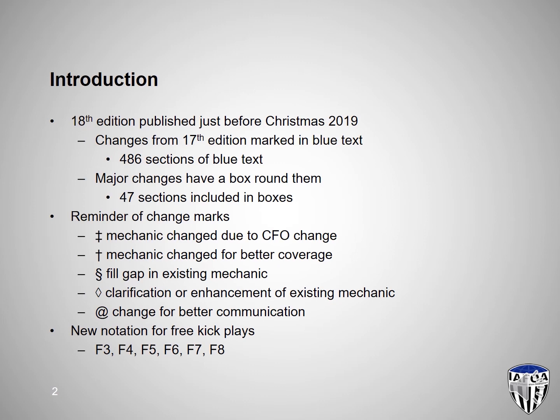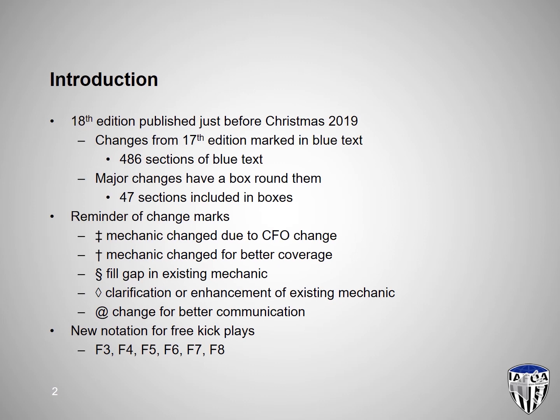Often there's a gap in an existing mechanic where someone comes up with a situation that isn't quite covered by the mechanic. So the funny squiggly symbol indicates where we've tried to plug that gap. If we've otherwise clarified or enhanced an existing mechanic, then you'll see a diamond symbol. And then the @ symbol is used for the changes that are for better communication.